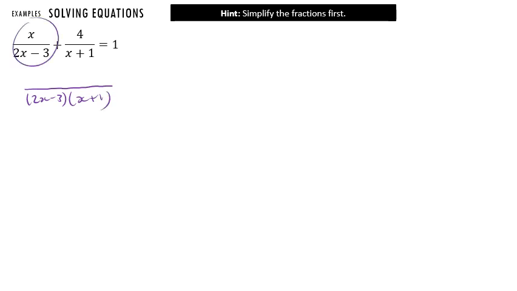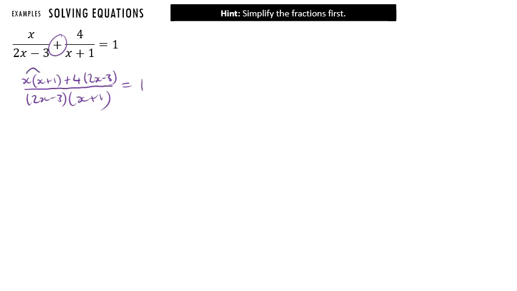So we're multiplying the first fraction by x plus 1, the second fraction by 2x minus 3, and we're adding those. So that's equal to 1. We haven't changed it. It's still equivalent to 1.